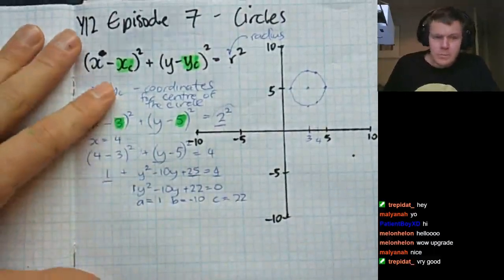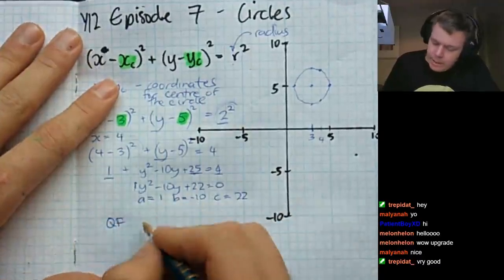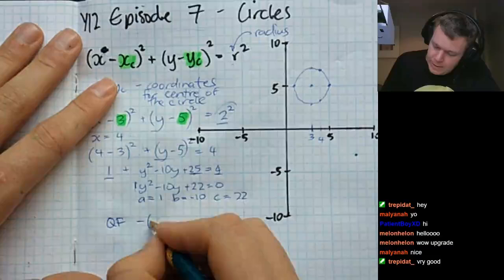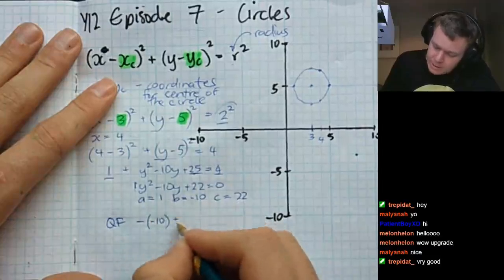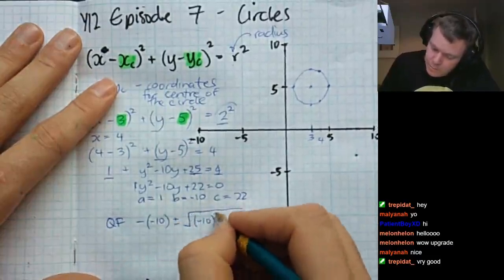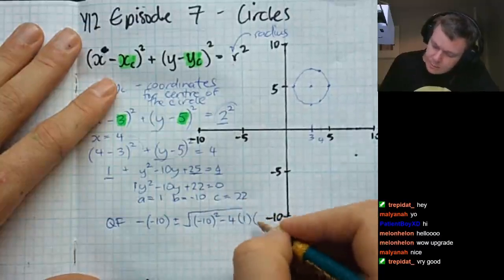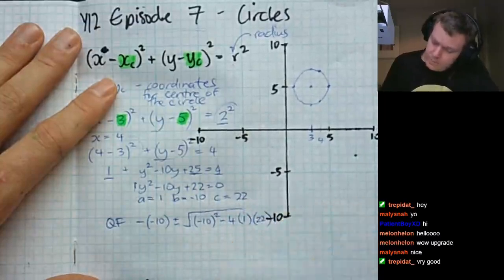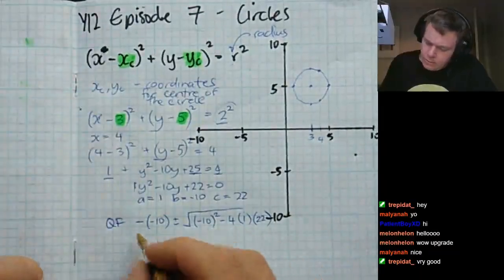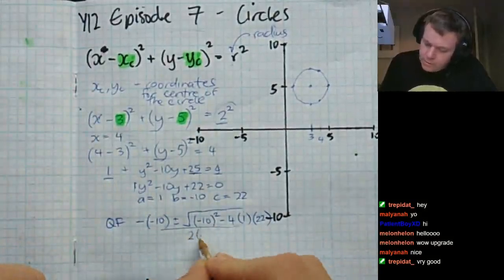If we put that into our quadratic formula, we're going to get minus b, which is negative 10, plus or minus the square root of b squared minus 4 times a times c, and then all over 2 times a.